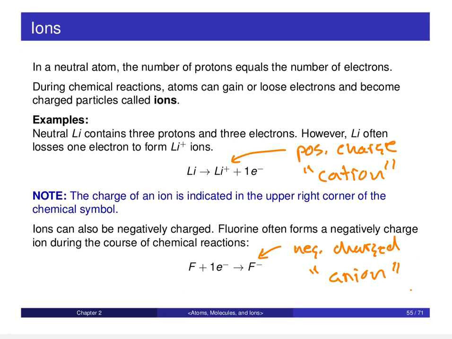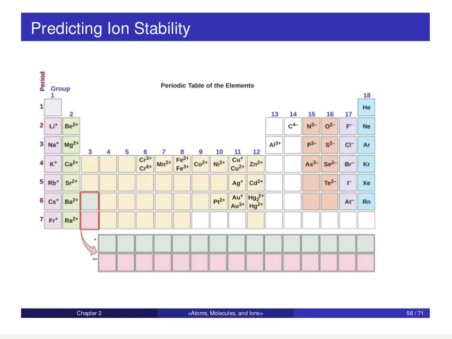This is a very fascinating result of the arrangement of the periodic table. What I have illustrated here on this slide is the common ions that form for each one of these elements, with their chemical symbol listed in their little square.